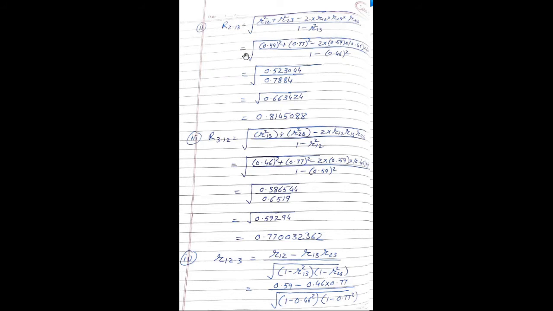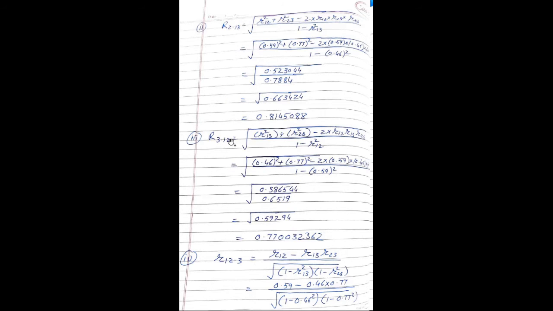Capital R 2.13 is equal to square root of 0.59 square plus 0.77 square minus 2 into 0.59 into 0.46 into 0.77 divided by 1 minus 0.46 square, which is given as square root of 0.523044 divided by 0.7884. If we perform the division, the value is square root of 0.663424. Take the square root, the answer is 0.814588. So second part is over.